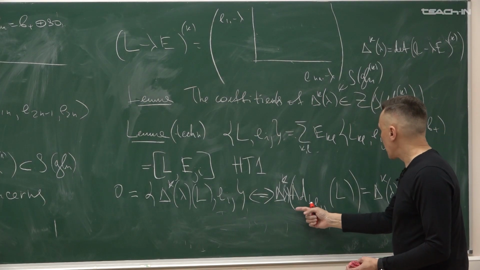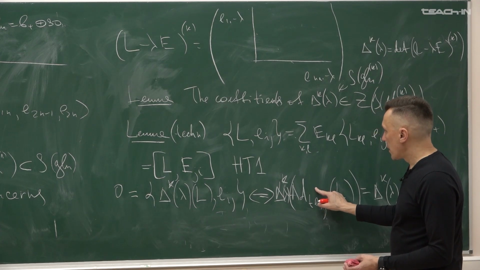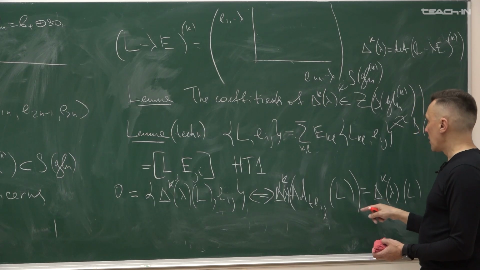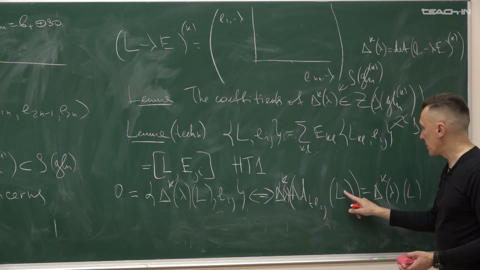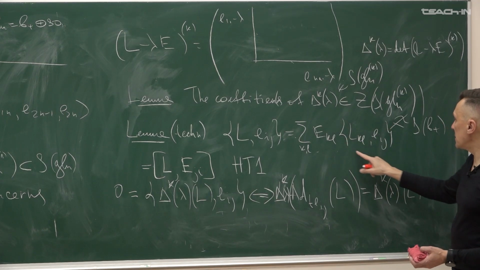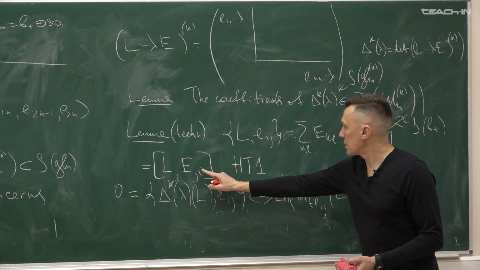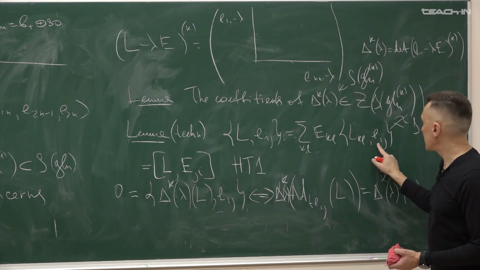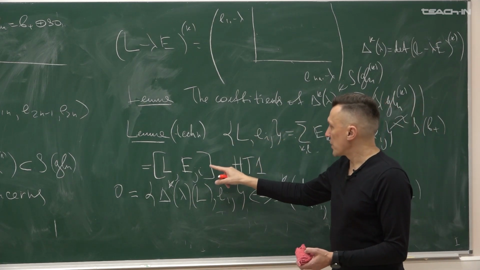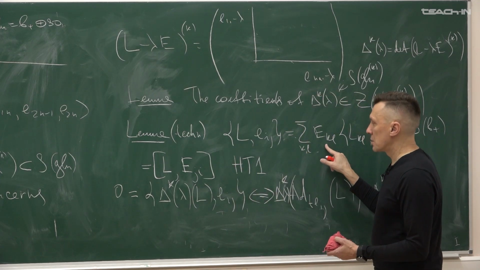And here, what we have written is the action of this group on the matrix elements of the operator L. Its infinitesimal form is written here. The lemma says that this infinitesimal action on the matrix elements is the same as the action on matrix units.